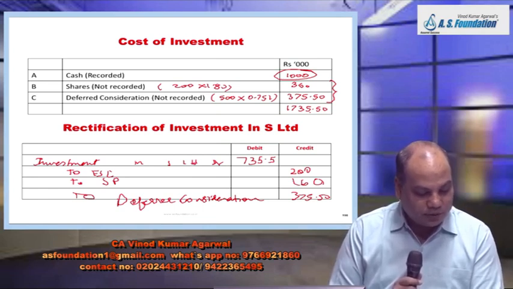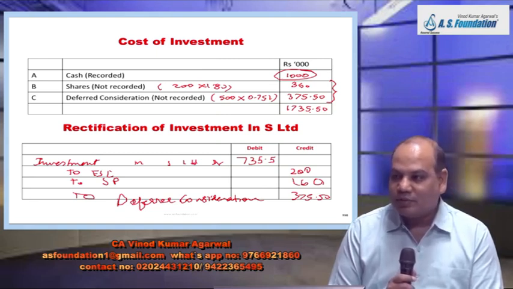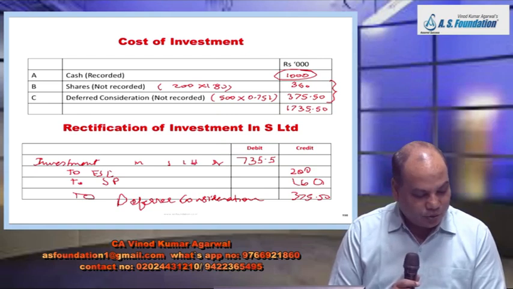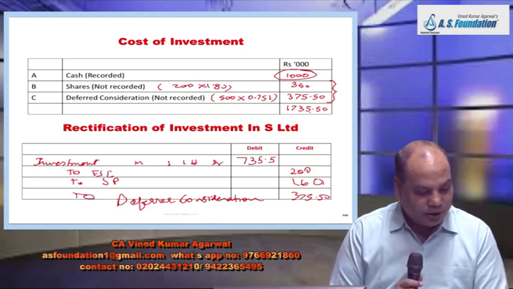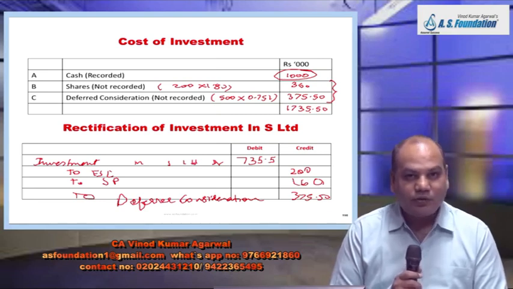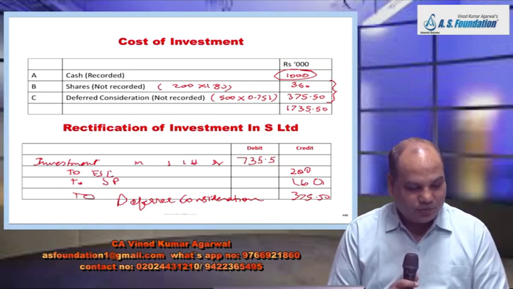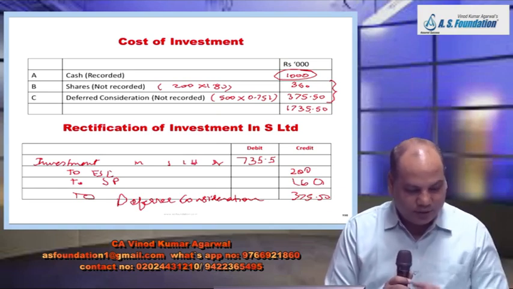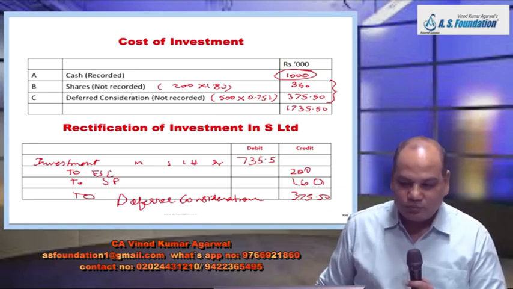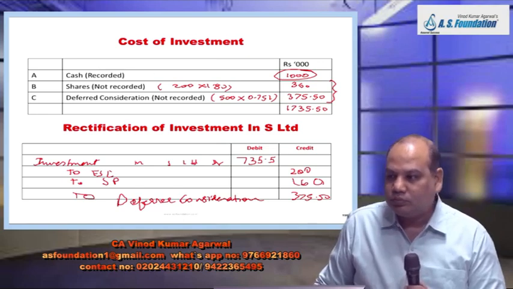At the date of acquisition, the fair value of the 20% NCI was 3,80,000. So that is the opening balance of NCI. Prepare the consolidated SOFP as at 31st December 2014. So ready, steady, go.